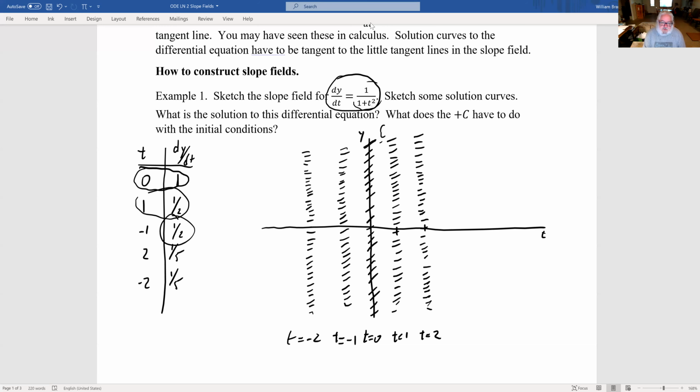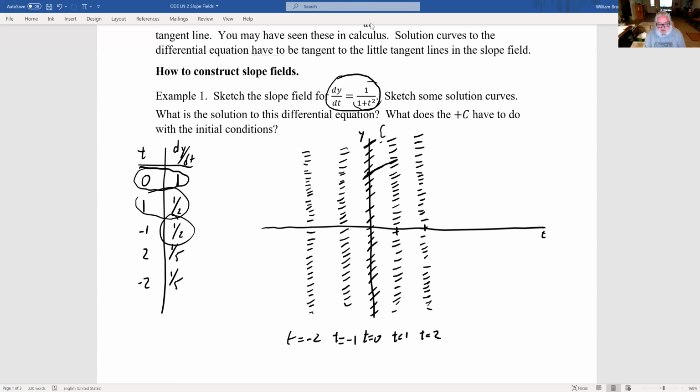So what does a solution curve look like? Well, if you pick a place to start, that is your starting condition, the solution curve that goes through that starting condition has to be tangent to that line. And as it goes off to the right, it has to be increasing because all your tangents are positive, but not increasing quite so fast, concave down.